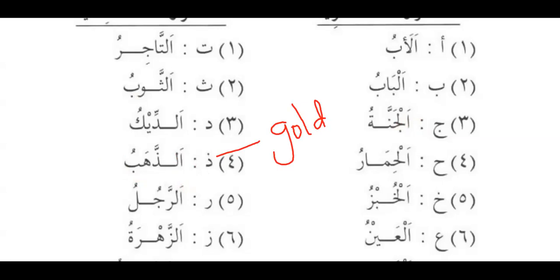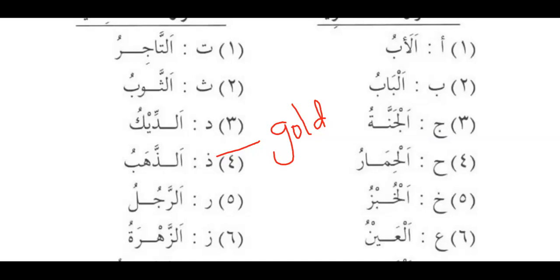For example, if I say al-dhahabu ghalin, ghalin means expensive. We'll still come across it, but that's not the point I want to make. I'm just using it as an example.